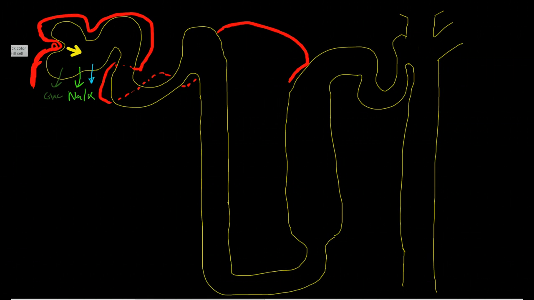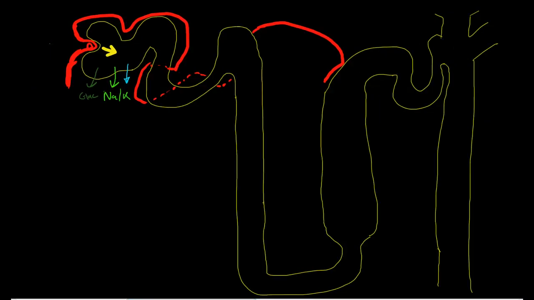So the osmolarity of the fluid here is equal to the osmolarity of plasma. The normal osmolarity of plasma, everywhere in the bloodstream, is about 300 milliosmoles per liter.